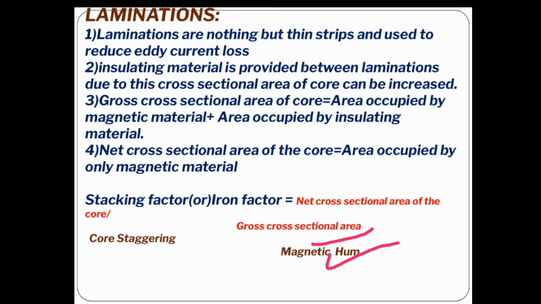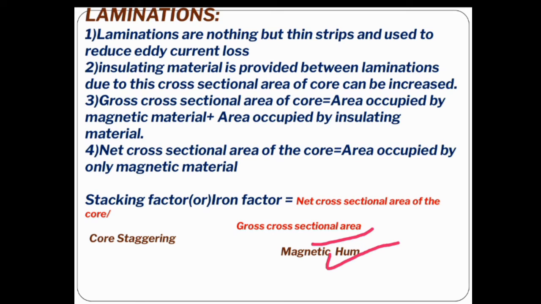According to it, if there is improper core staggering, the frequency of the noise is double that of the supply frequency, so the sound occurs more. This leads to magnetic hum.